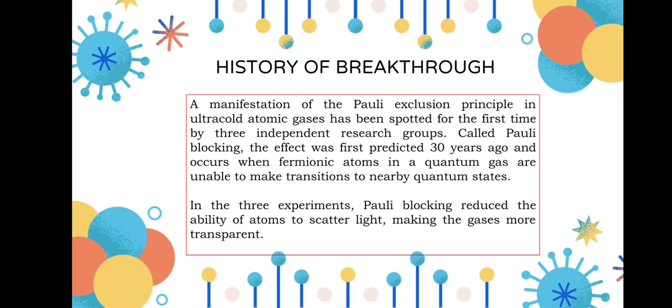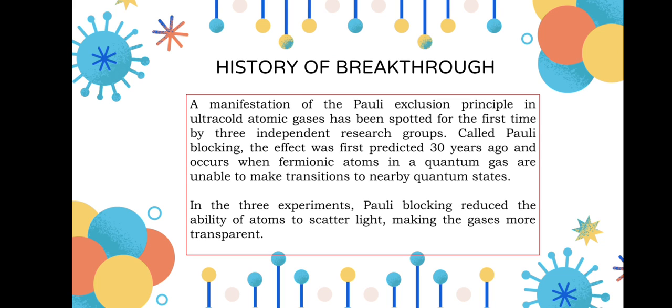Okay, so now let's proceed to the history of the breakthrough. A manifestation of the Pauli exclusion principle in ultra-cold atomic gases has been spotted for the first time by 3 independent research groups, called Pauli blocking. The effect was first predicted 30 years ago.